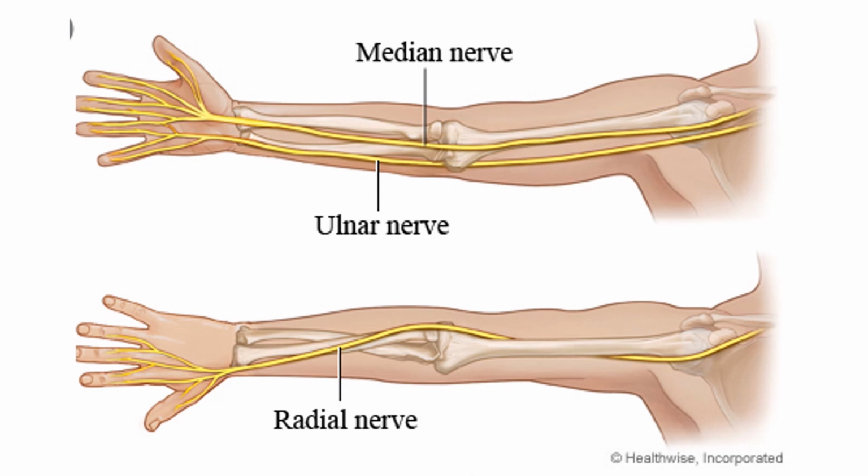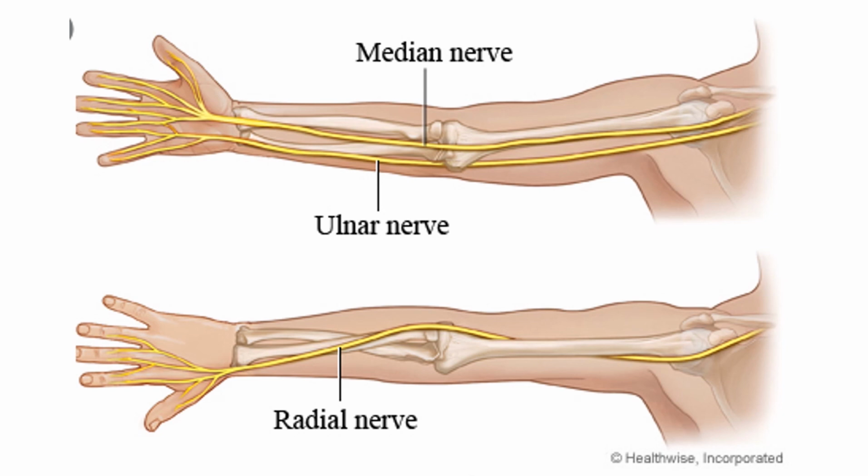The ulnar nerve, which is passing behind or posterior to the medial epicondyle of the humerus, is also going to supply one muscle in the forearm and several muscles in the hand. The lower nerve, the radial nerve, is the nerve of extension.